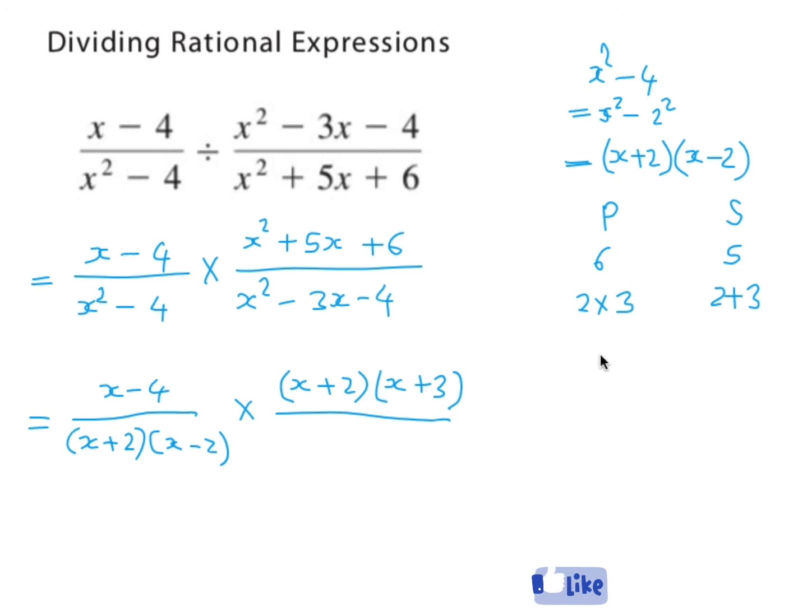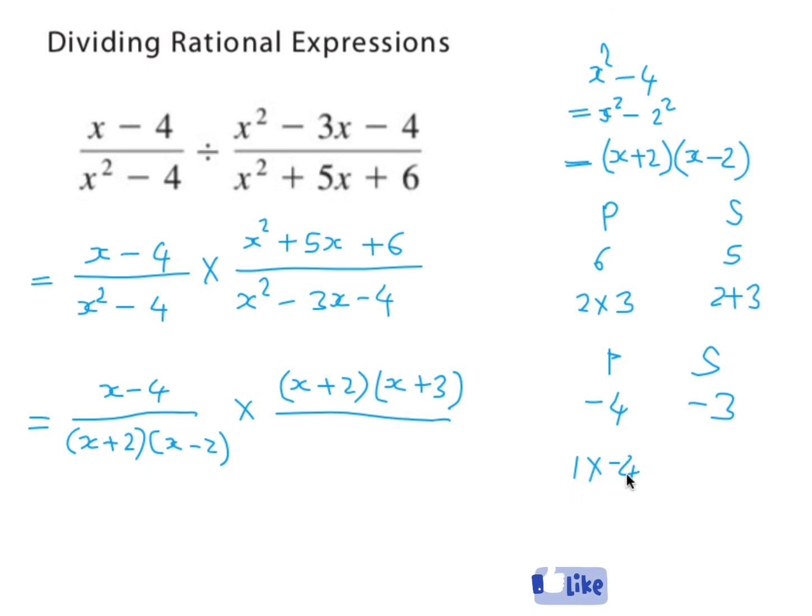Okay, now here product and sum. The product is negative 4 and the sum is negative 3. Okay, so 1 times 4 is 4 and their difference is 3. So here the signs are different but the larger number is negative.